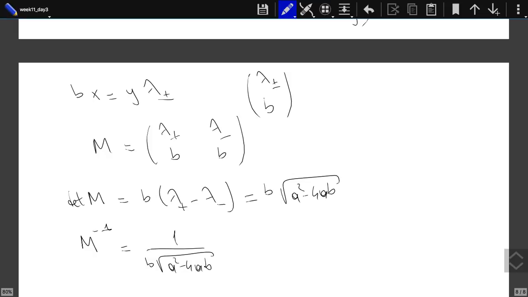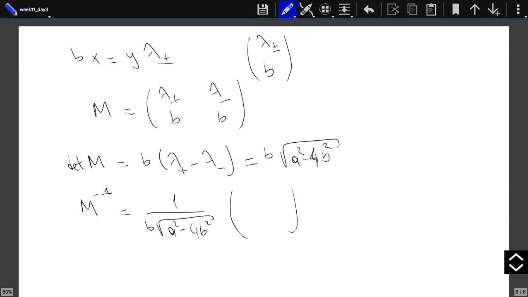No, I'm sorry, a squared minus 4b. So it should be b, lambda plus minus lambda minus, minus b, minus lambda minus. So is this the, yes, this is the inverse.